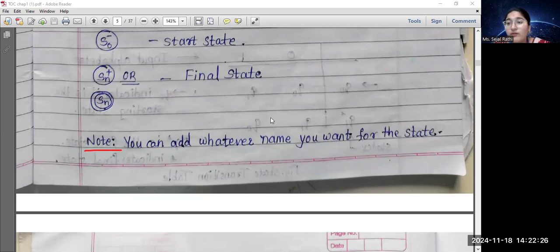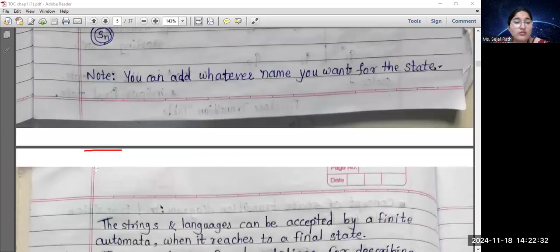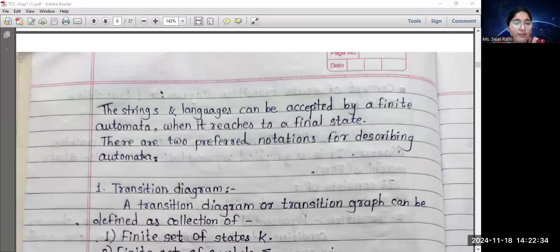Whatever you want to name that state, you can take it as it is. The strings and the language can be accepted by a finite automata when it reaches the final state.